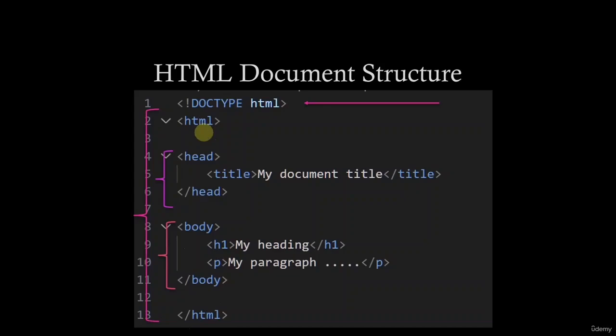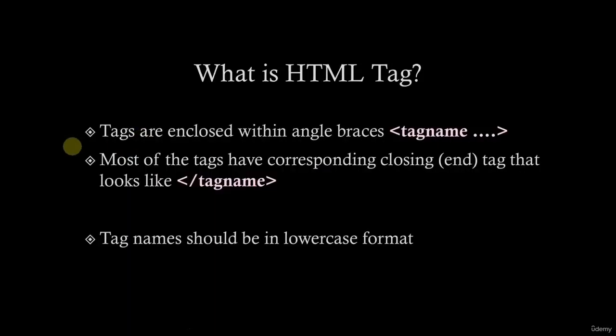What are these? These are actually HTML tags. And what is an HTML tag? Tags are enclosed within angle braces with a tag name. As you see here, tag name inside the angle braces. Most of the tags in HTML have a corresponding closing or end tag that looks like this.